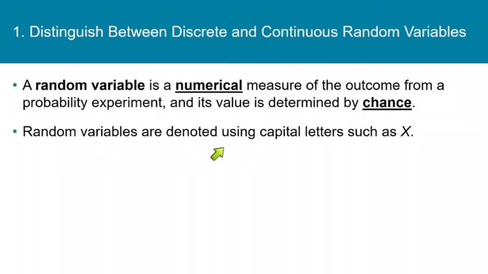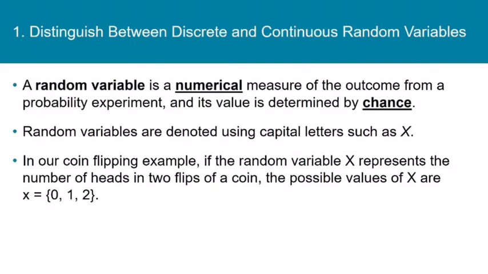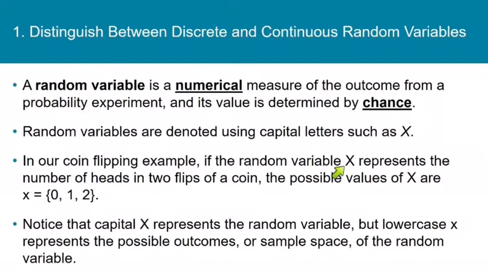Random variables are often denoted using capital letters like capital X, and in our coin flipping example, if the random variable capital X represents the number of heads in 2 flips of a coin, then the possible values of X, in other words the sample space of X, is lowercase x equals 0, 1, or 2. Notice that capital X represents our random variable, but lowercase x represents the individual outcomes of that random variable.